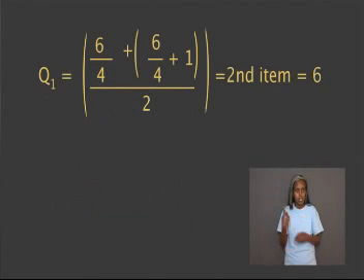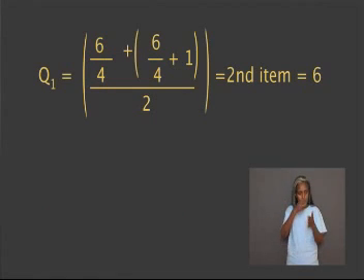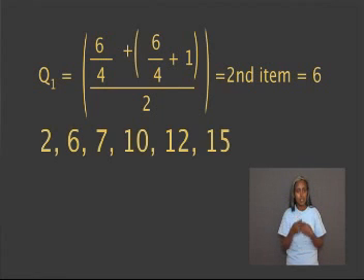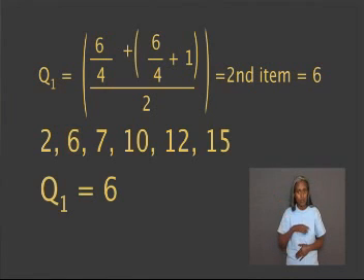Since we are solving for the first quartile, our value of K is 1. There are 6 integers in the dataset, so the value of n is 6. We find that the first quartile will be the second item in our list, which is 6.